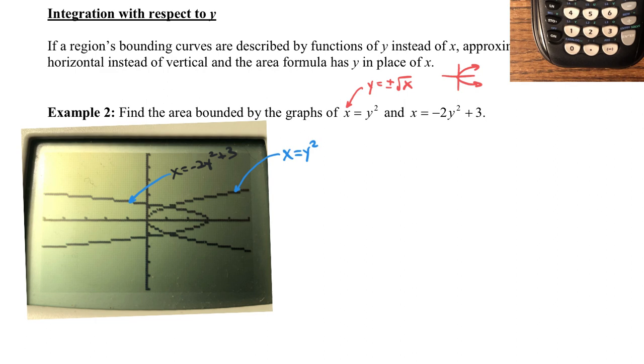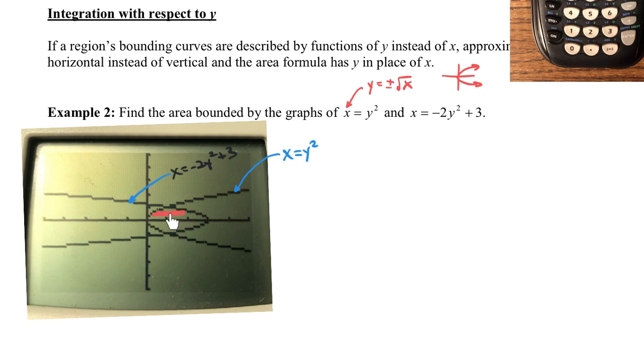So our rectangle now is going to be this horizontal rectangle here. Now the base of the rectangle is going to be a dy, right? The thickness here is the thickness along the y-axis. So instead of dx, it's going to be a dy thickness.